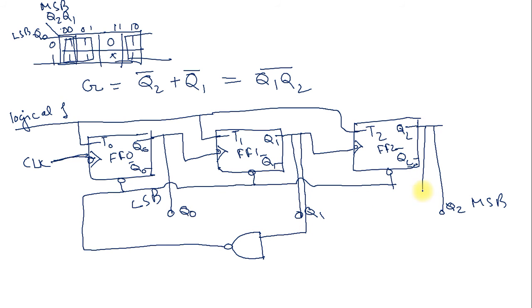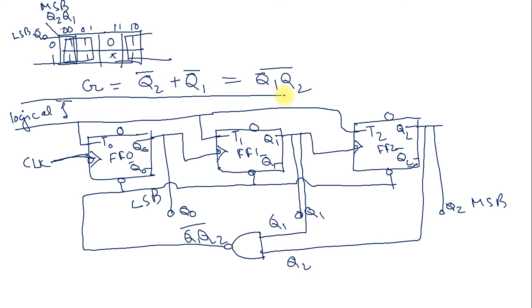The output is Q1 Q2 complement. And one preset we can place here. Now this counter acts as a mod 6 counter.